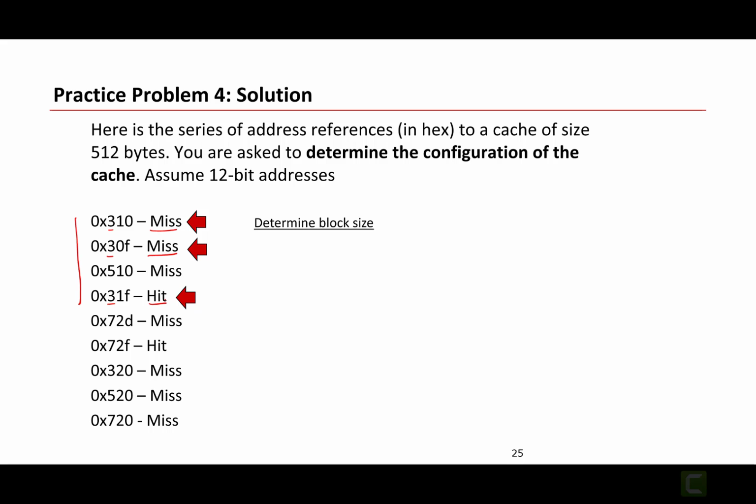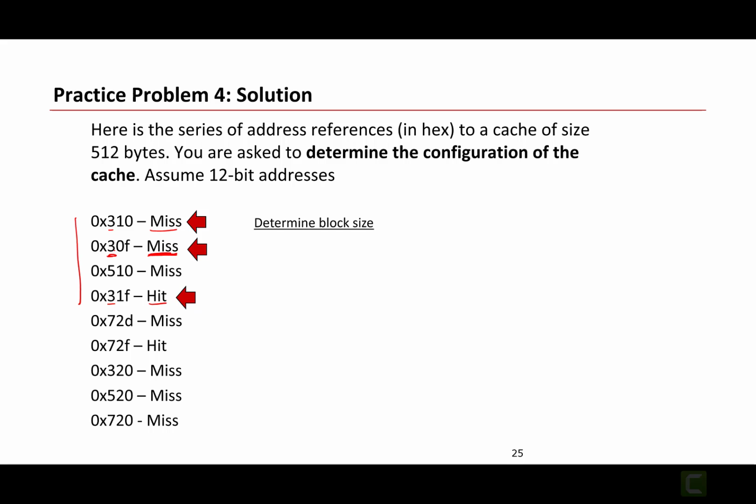So maybe the second access being a miss can tell us something about what is the largest size possible for a block, because if the block was really big, then given that the prefixes were somewhat the same, it would have been a hit if you were able to exploit spatial locality.